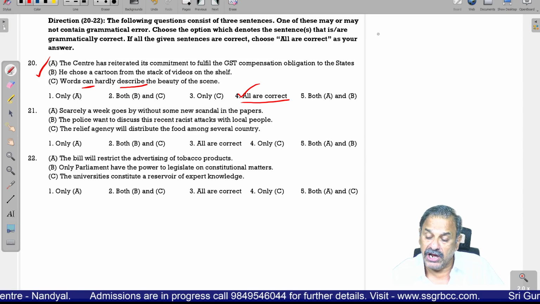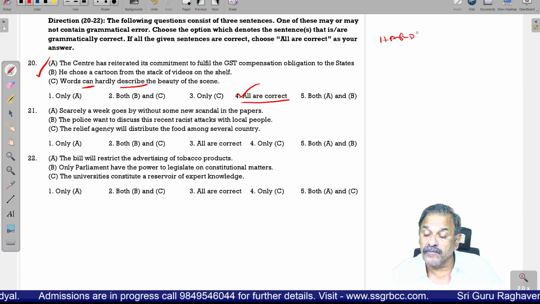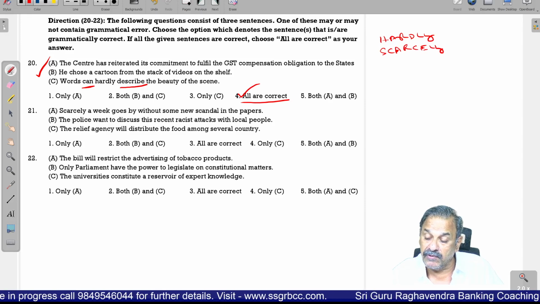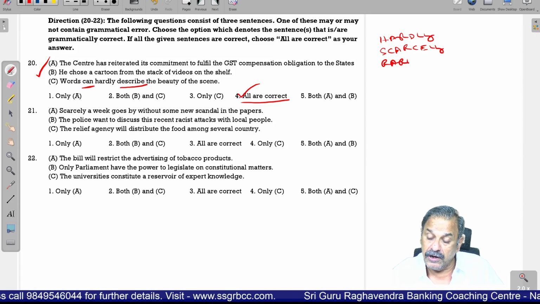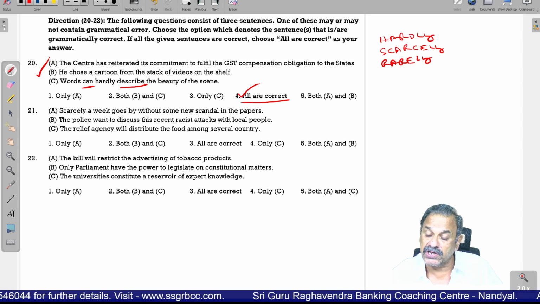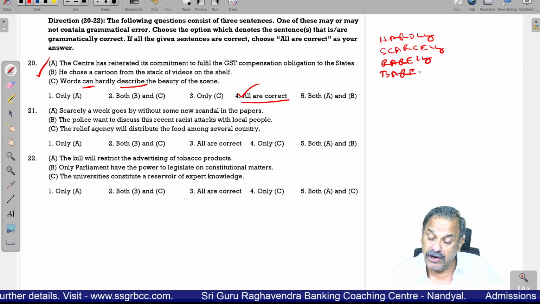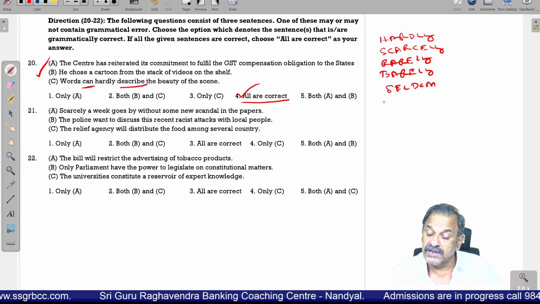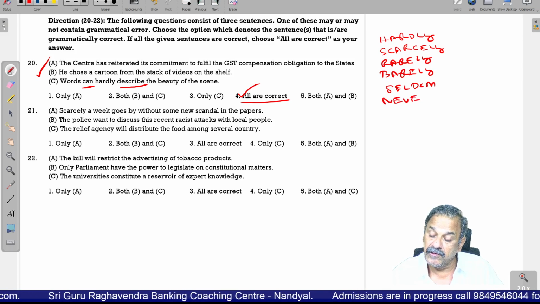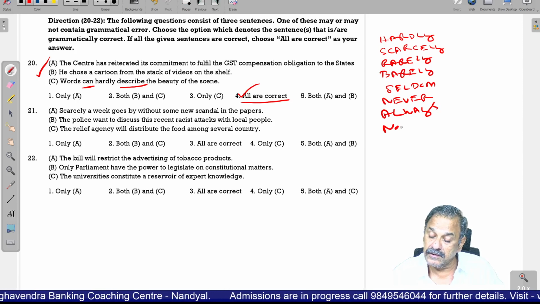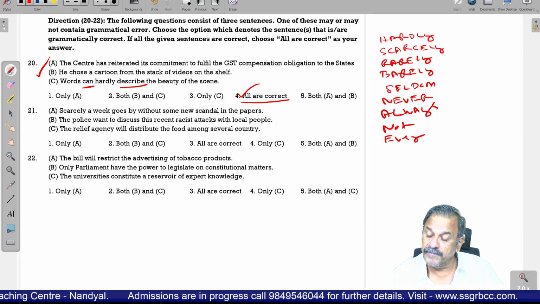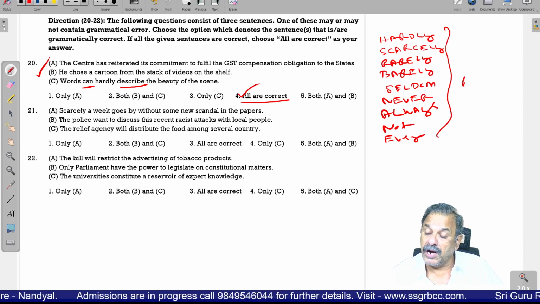Scarcely, hardly, rarely, barely, seldom, never, always, not, ever. All these are adverbs.